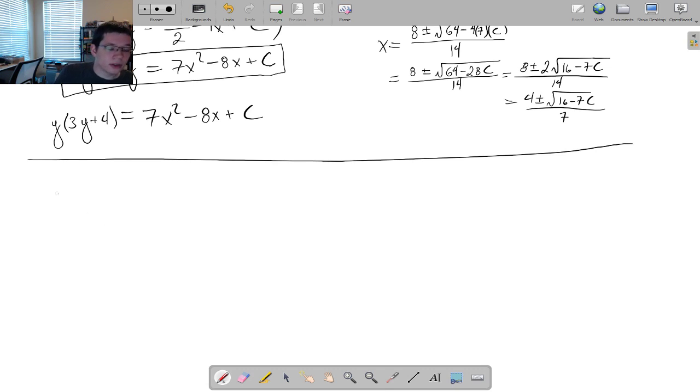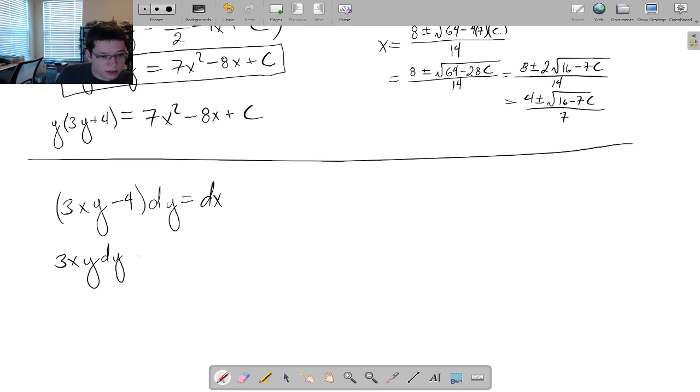We can do another one where we have 3x y minus 4 dy equals dx. I think I set that up right. So then we'll distribute in the dy, so we have 3xy dy. Nope, I did not.